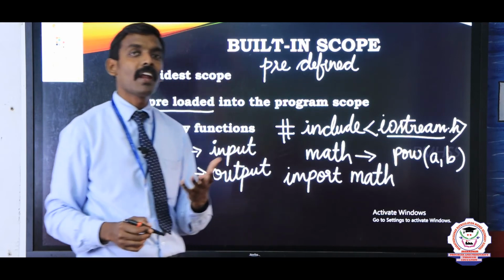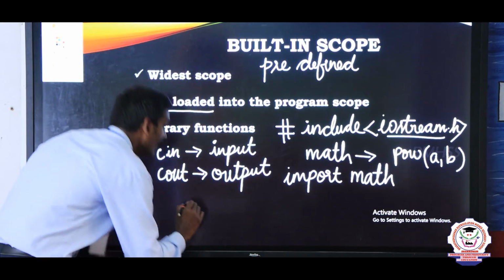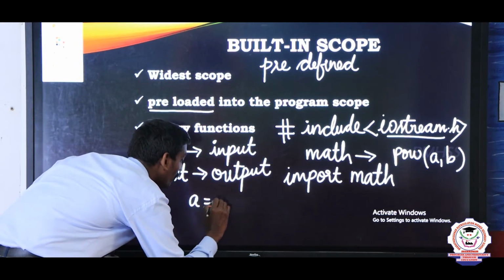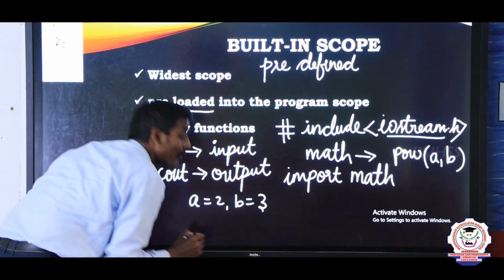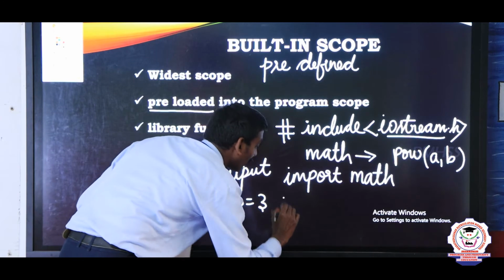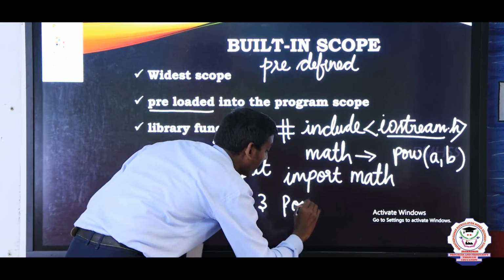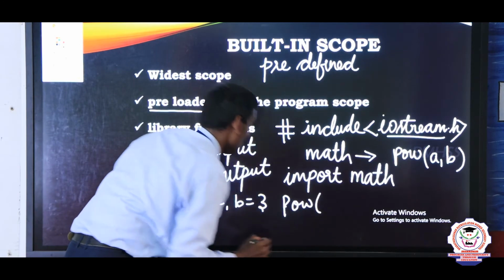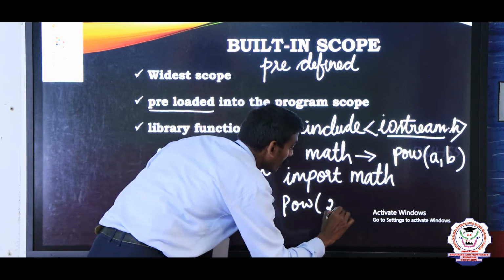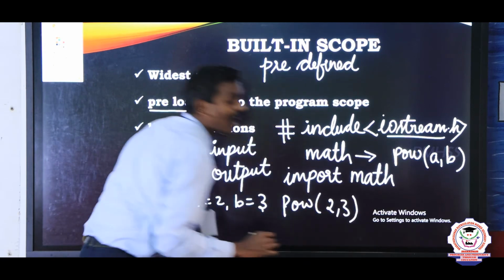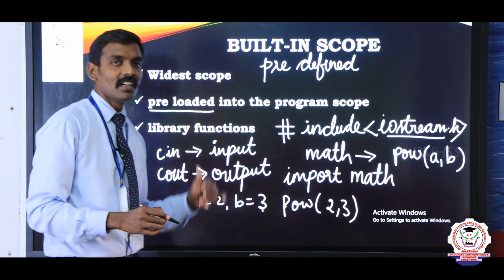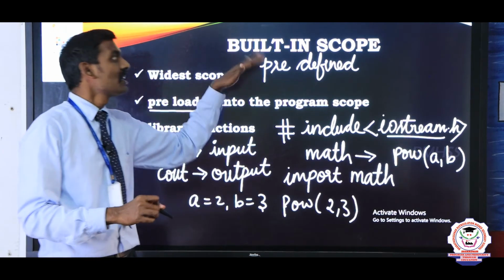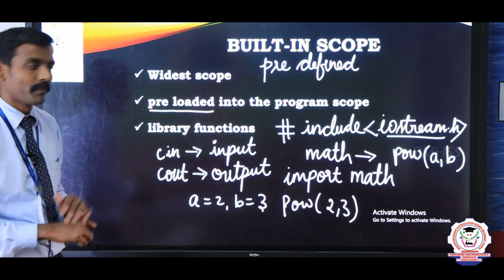For example, a equal to 2, b equal to 3. That should be considered as power of. a comma b means 2 comma 3. What will be the output we can get? 2 power 3. Yes, very good. The answer is 8. This is the concept of built-in scope.